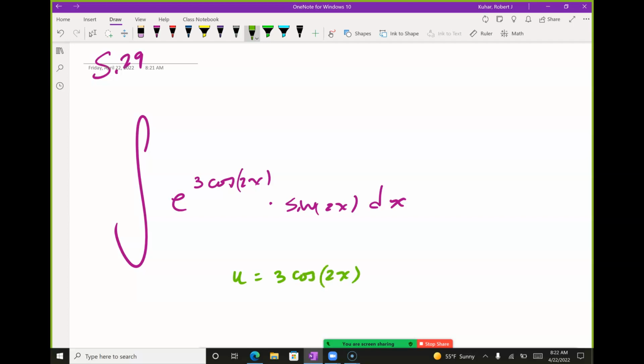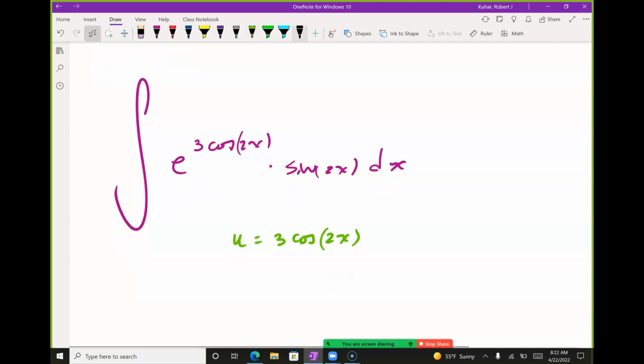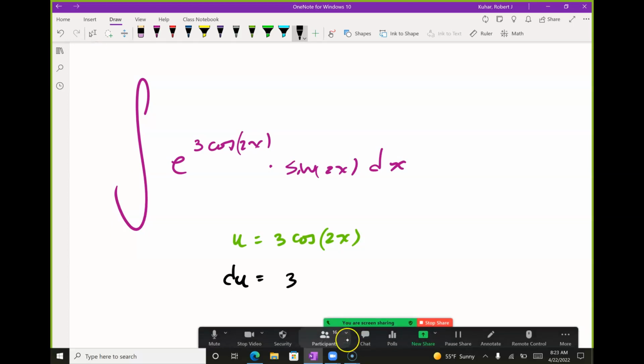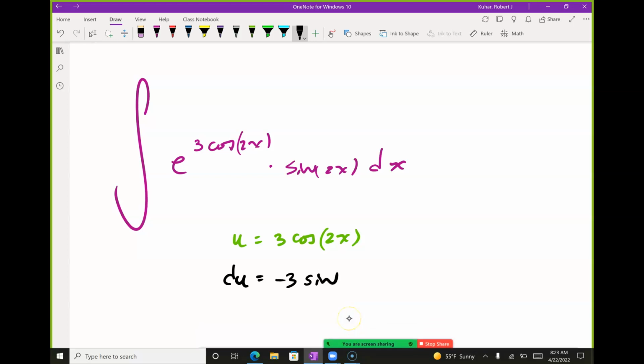There is an inside there, but no big deal because we're going to do chain rule. So to get du, I'm doing what? 3 goes for the ride. Derivative of cosine is negative sine. And then the derivative of the inside is 2, so I end up with a 6 here, and dx.